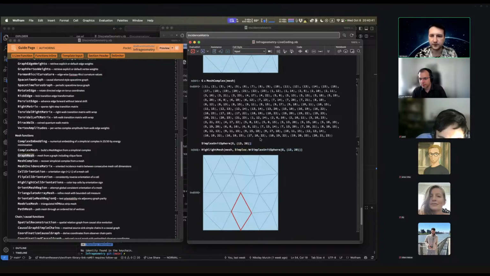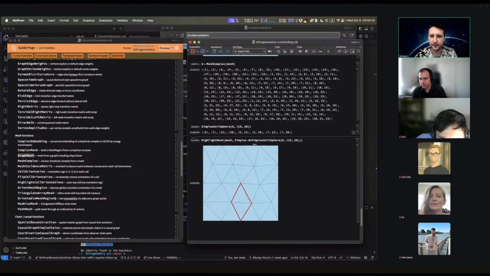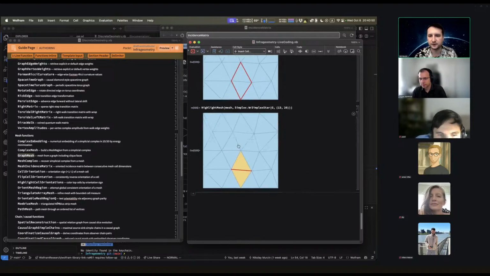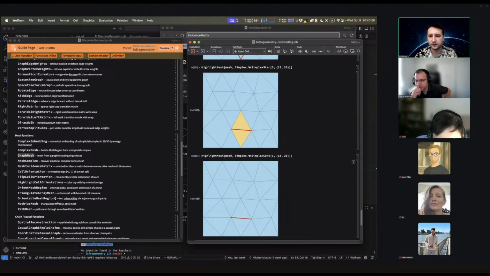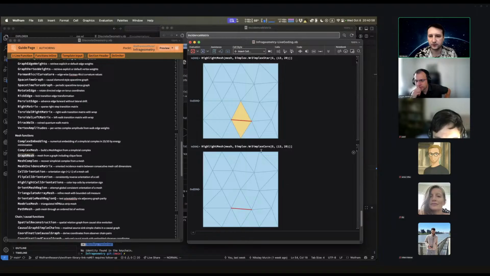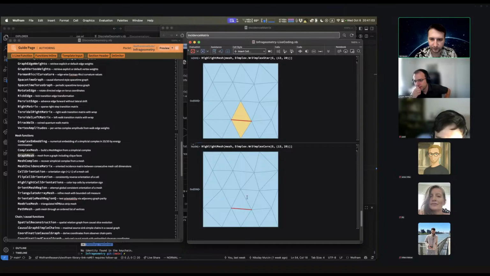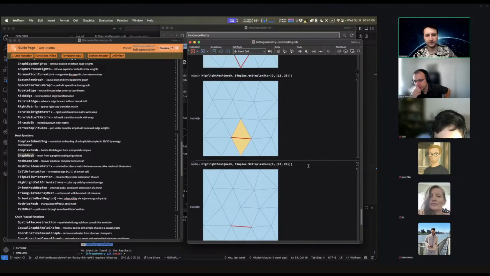So that's a sphere. That would be, for example, the star around it. It somewhat works. That would be the core, which is itself, I think, plus the vertices.